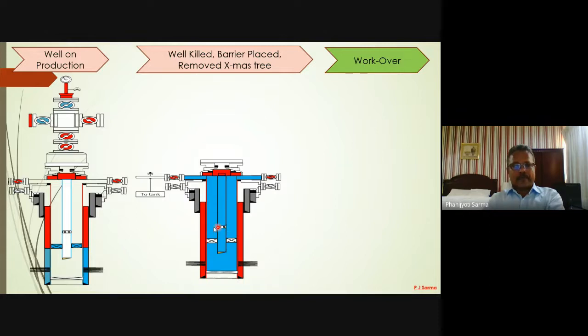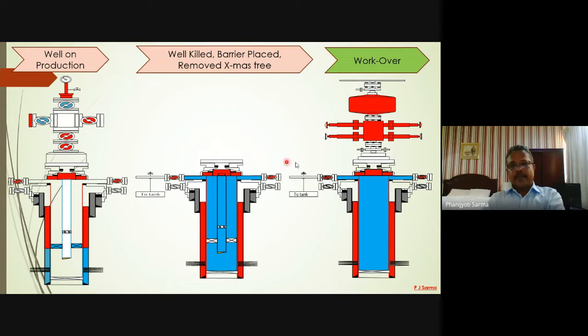We also place one more barrier. Actually, this is the mechanical barrier. Once we place and confirm this barrier's integrity, then we remove this Christmas tree and immediately we put the workover barrier. What is the workover barrier? It is a blowout preventer.